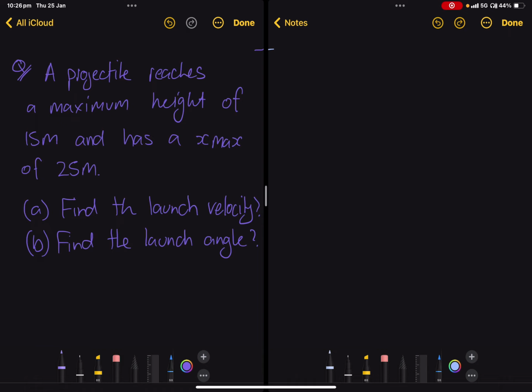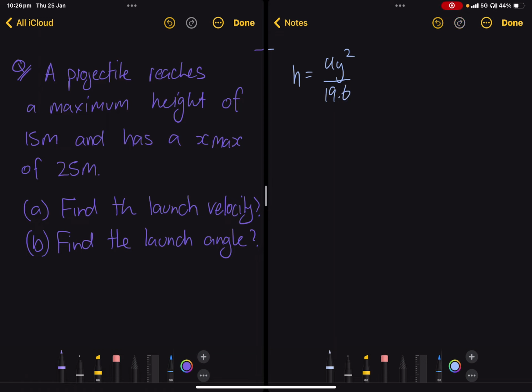So first we're going to deal with the fact that the maximum height is 15 meters. We have a formula in our mechanics topic. The maximum height is equal to the velocity in y squared over 19.6.